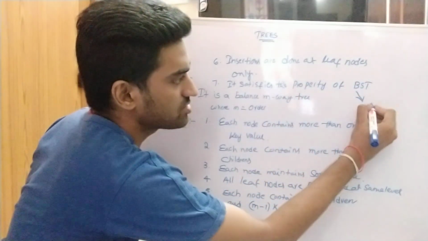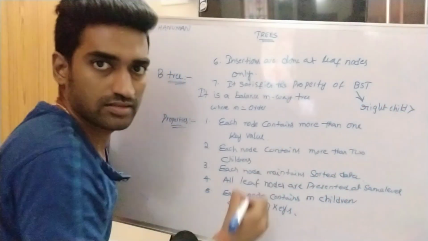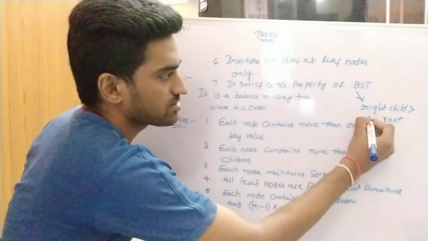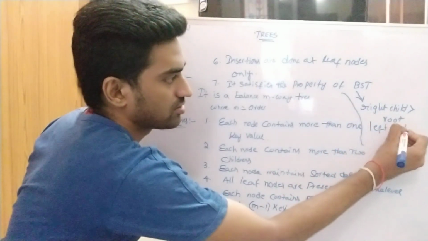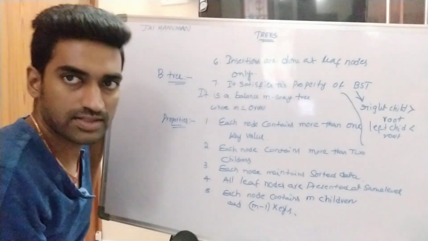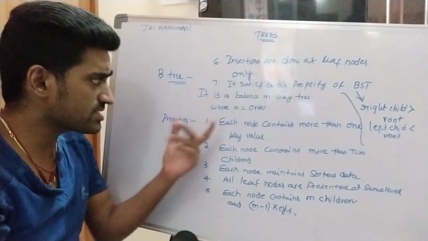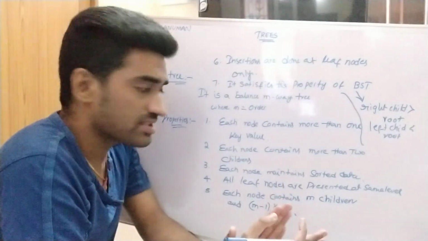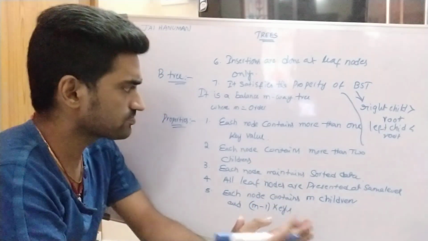The right child is always greater than the root, and the left child is always less than the root. This property is also satisfied by B trees. So let us discuss the properties one by one. What is the definition? It is a balanced M-way tree where M is nothing but the order. So it satisfies the property of a binary search tree also.